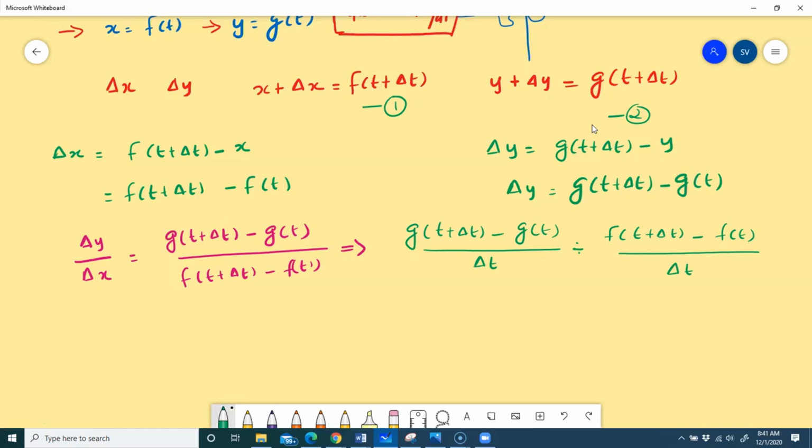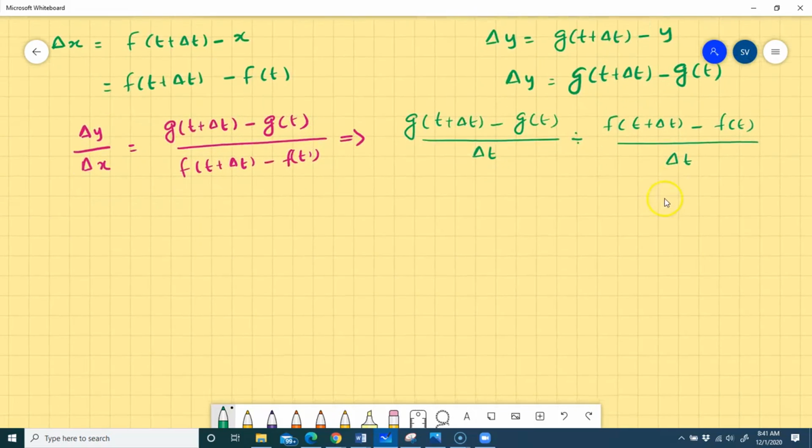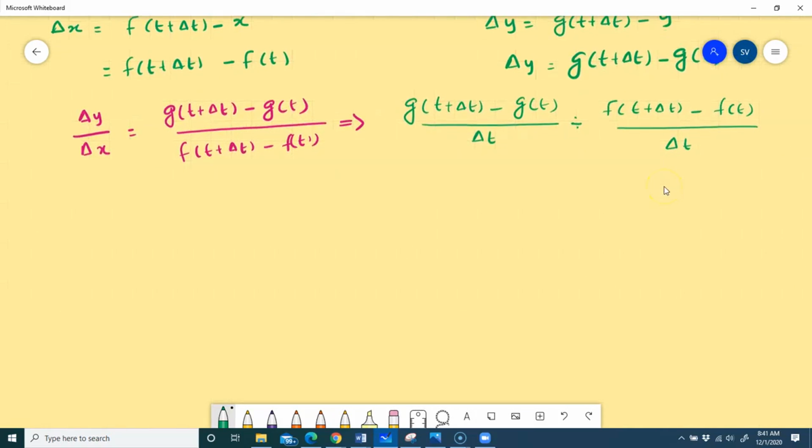And now at this point we can use our previous knowledge of limits. Here delta t is affecting the whole function. So, this is delta y over delta x. Let me rewrite that.